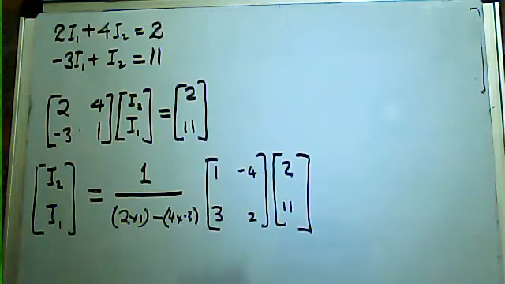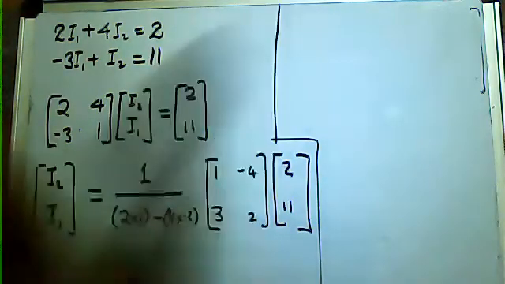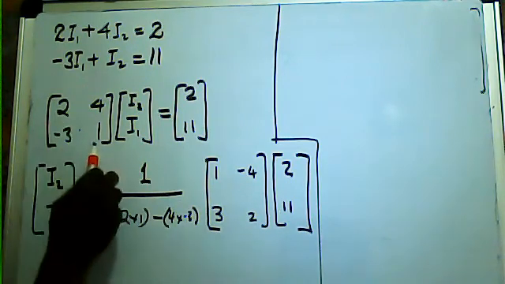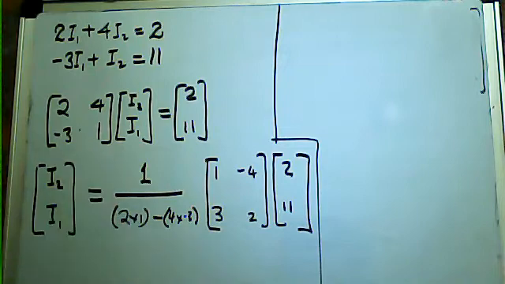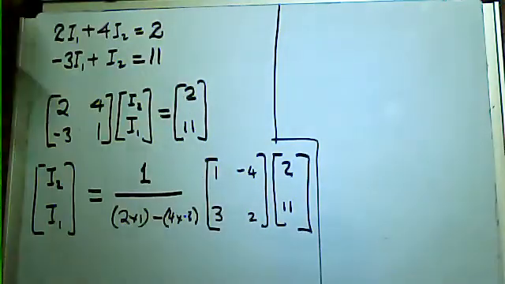That's how we write it. Okay? What letter is this, sir? It's not a letter. We are finding the determinant here. So it is 1 over 2 times 1.